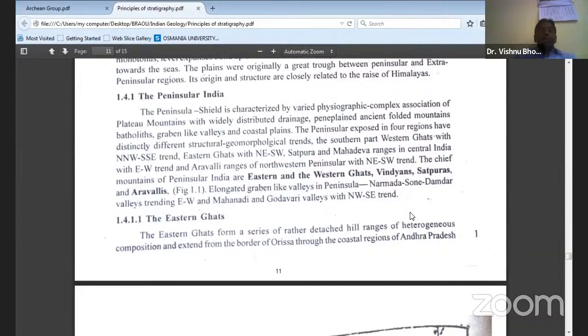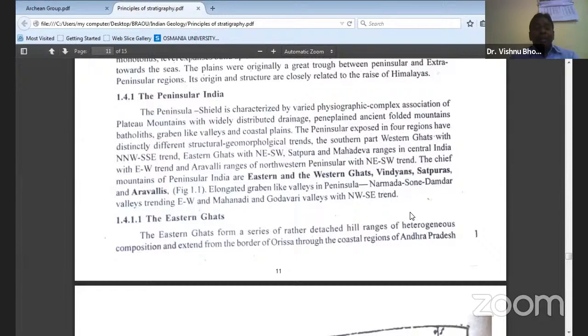The southern part of the Western Ghats has a north-northwest and south-southeast trend, and the Eastern Ghats have a northeast southwest trend. The Satpura and Mahadev ranges, located in central India, trend east and west.